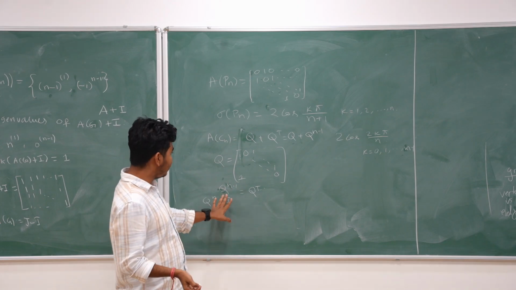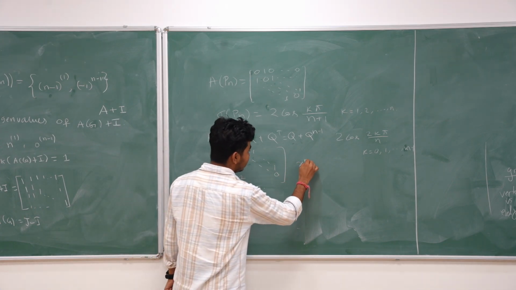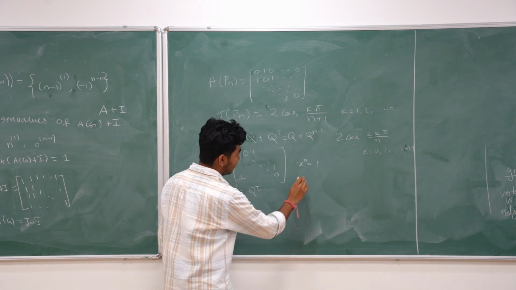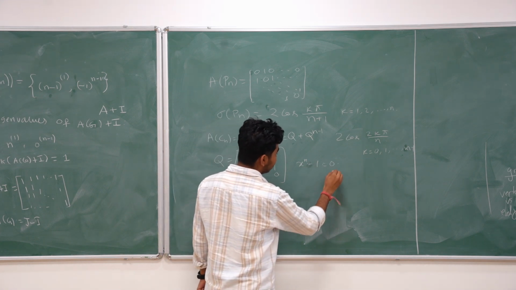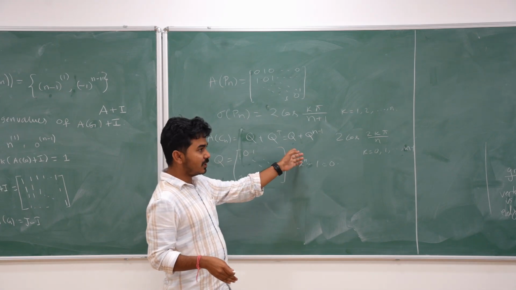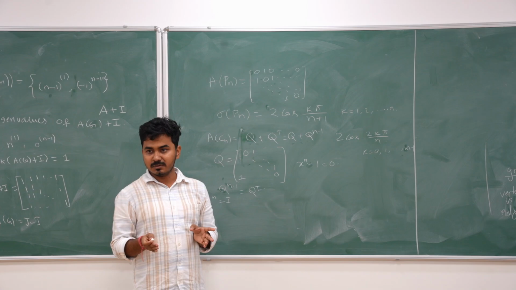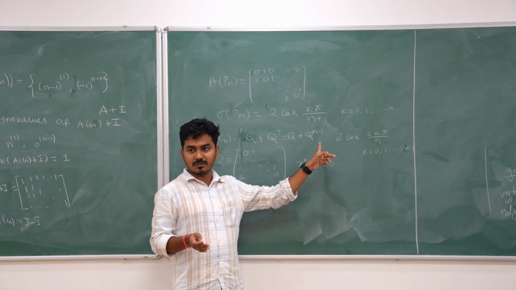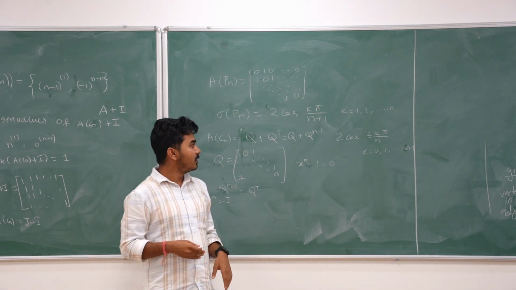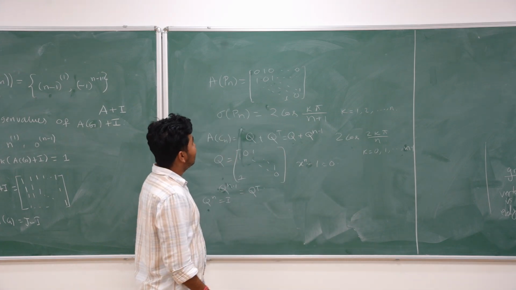We know the eigenvalues of this matrix because its characteristic polynomial is x^n minus 1 equal to 0, so the nth roots of unity. And we know that Q and Q^(n-1) have the same eigenvectors. If we have the eigenvector of Q, then we know the same eigenvector, so we can calculate the eigenvalues.